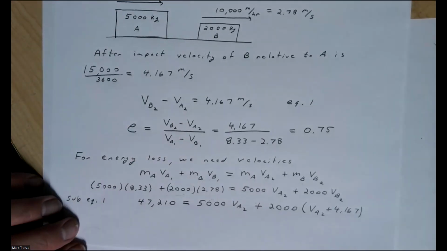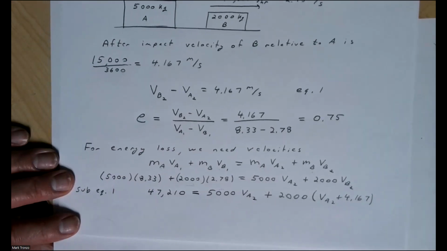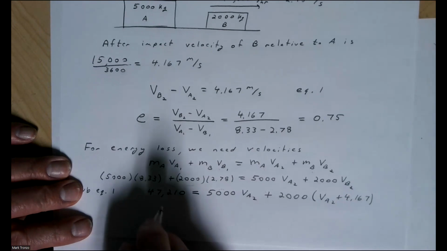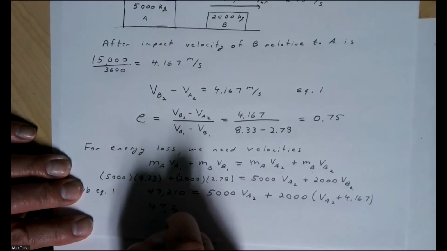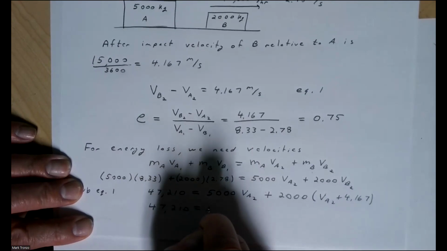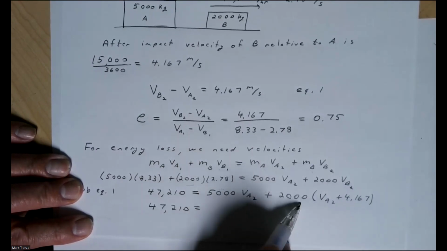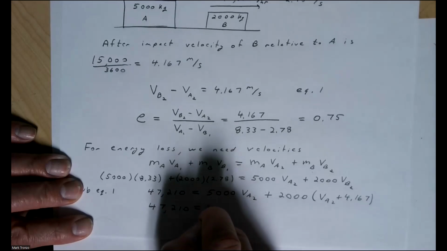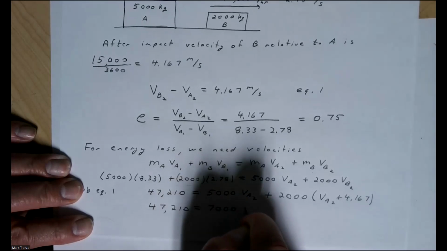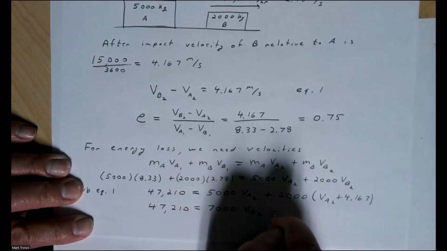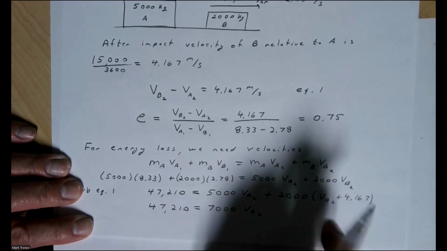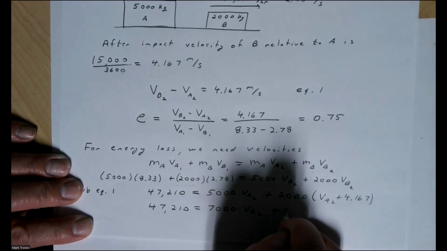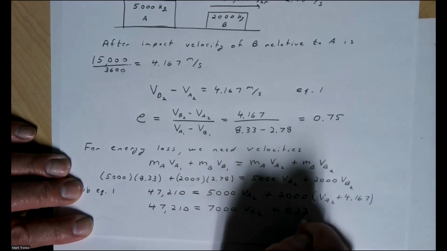I substitute for VB2 there. When we solve this, we get 47,210 equals, if we put these two together, 7,000 VA2 plus, if we multiply these out, 8,334.